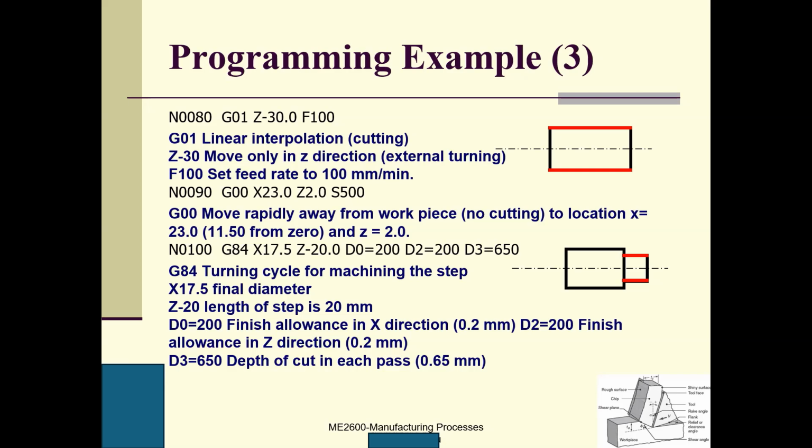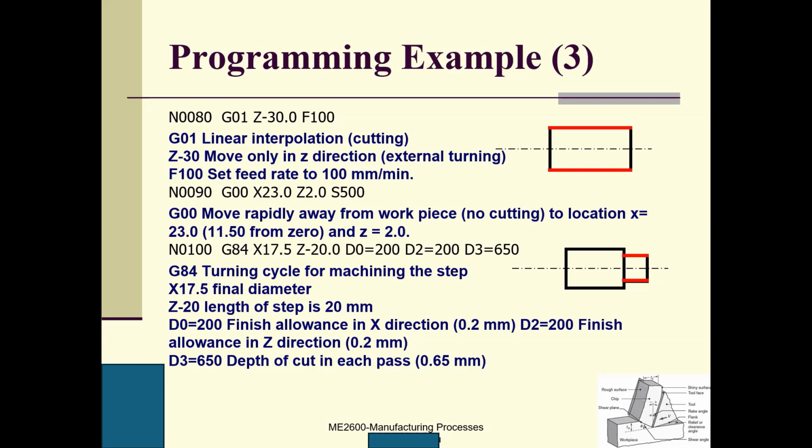And then another statement, this is another location, D0, D2, D3. So T83 is the turning cycle for machining the steps. X is the final diameter, X is the vertical direction, this way. 17.5, Z 20 is the length from here to here. So this is the next step. D0, 200, right? This is the 0.200 finish allowance in X direction, so this is surface finish allowance.